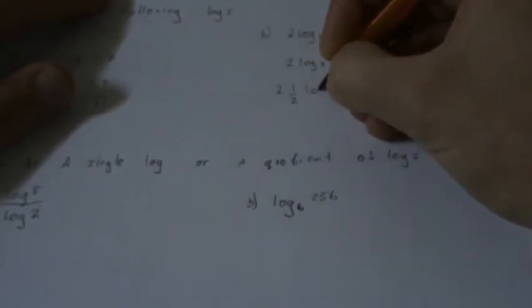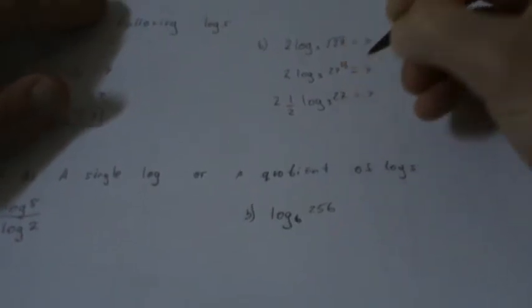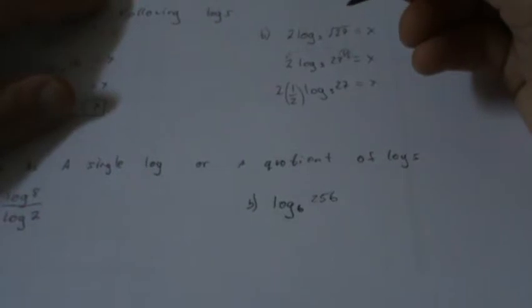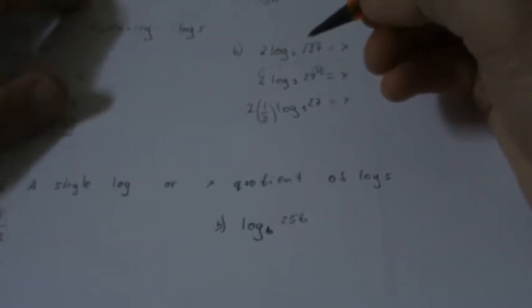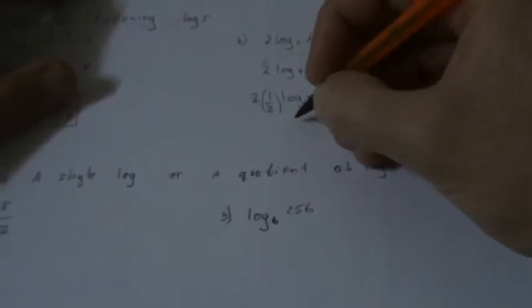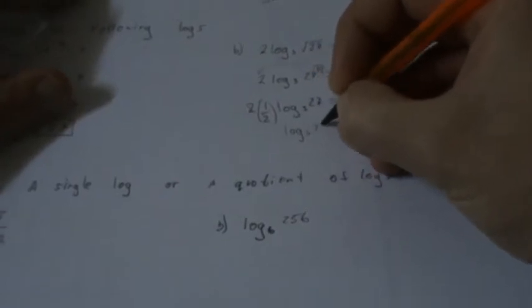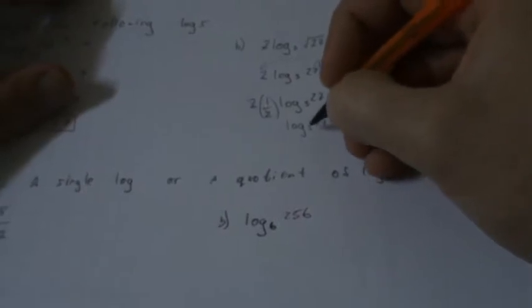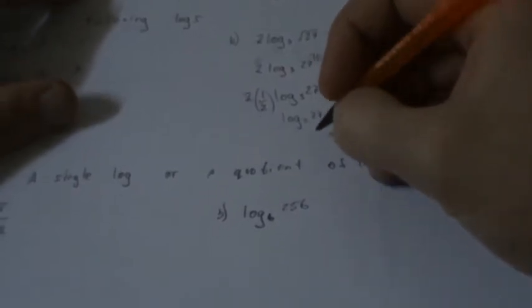And then it's 2 times 1/2 of log base 3 of 27, where I've taken this 1/2 and moved it out front to make it become multiplication. And so this 2 and this 1/2 cancel, and I'm left with log base 3 of 27. And I believe log base 3 of 27 is 3, because 3 to the third power is 27.